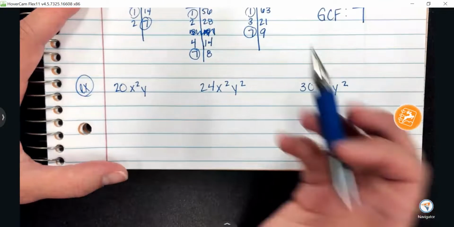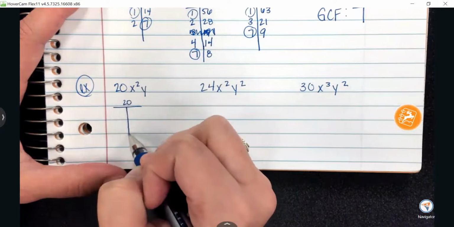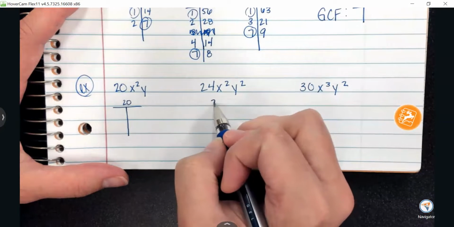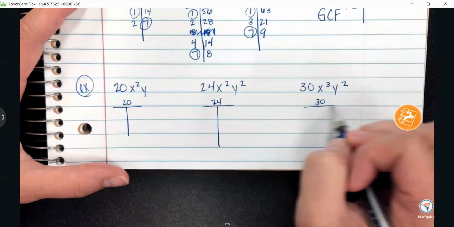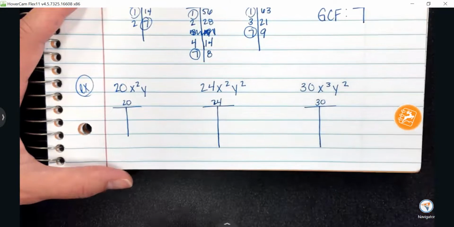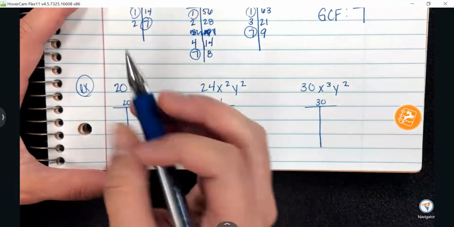So the first thing you should be doing is making me a chart just for your numbers. So everybody make me charts for your numbers.